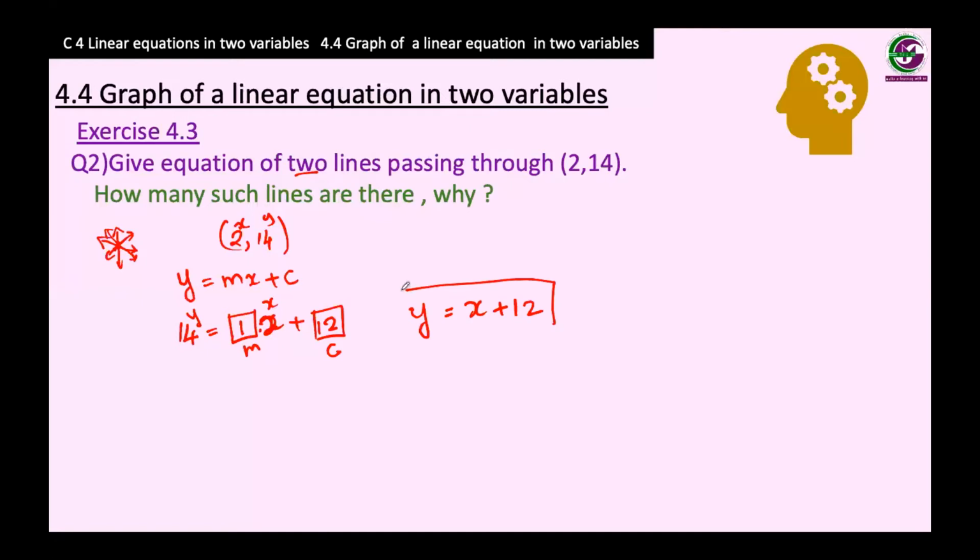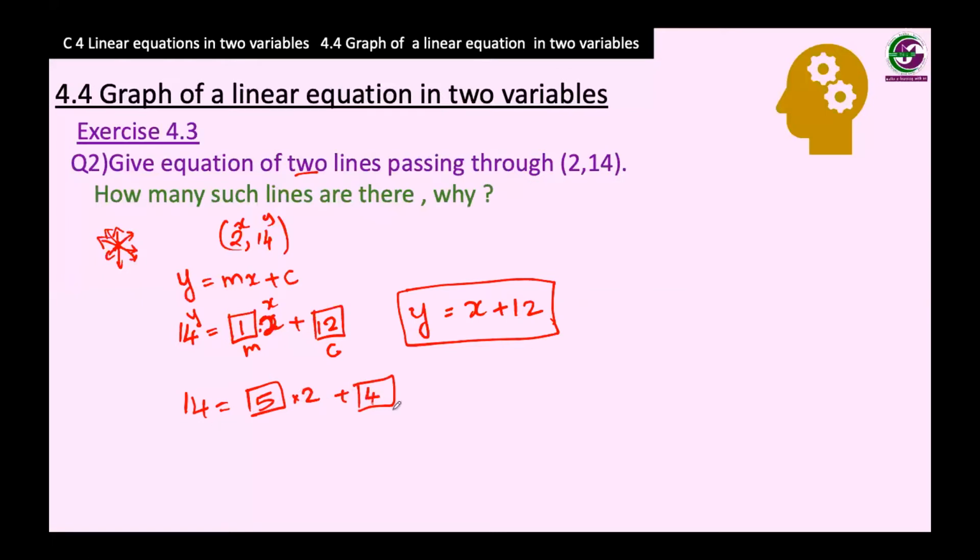Now let's see another one in the same form. So 14 is equal to a number multiplied by 2 plus another number. Let's take, for example, 5. Any number you can take, even 0, no problem. Then 5 times 2 is 10. 10 plus what gives you 14?